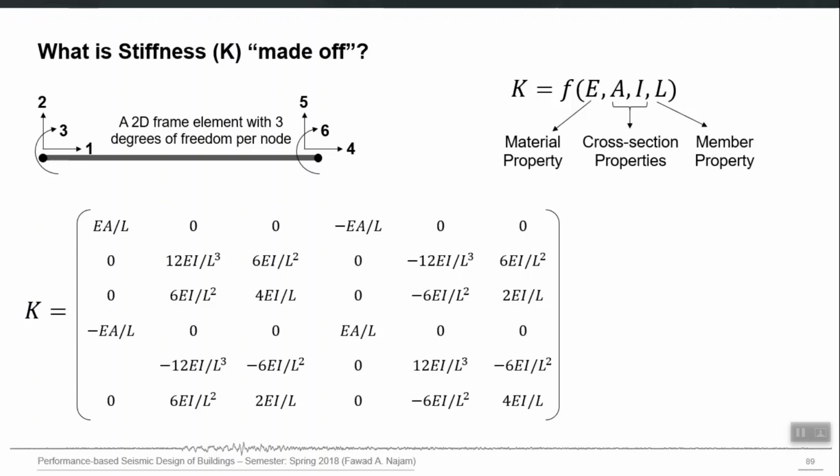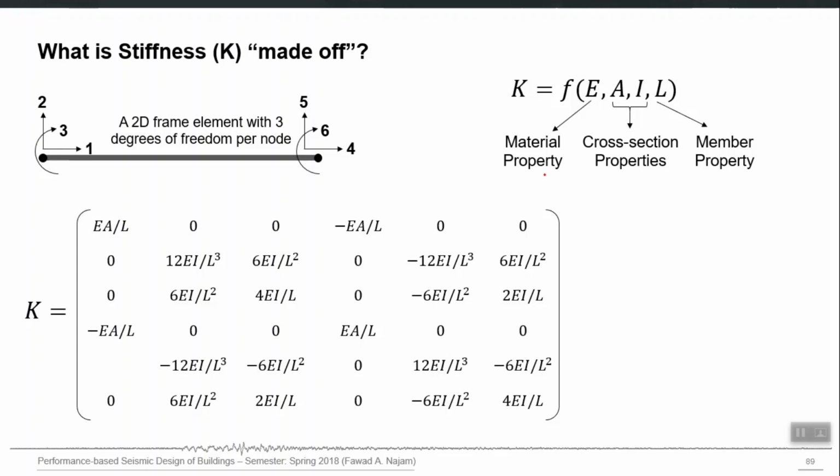And that cross-section is already having a material associated with that, right? So you define material, you call that material and define cross-section, you call that cross-section and define member or draw member, right? Complete the geometry, and now you have the full structure.